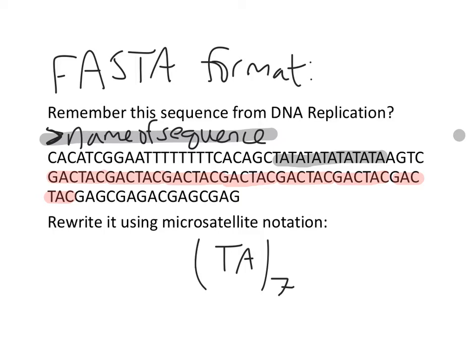Also 7, if I count correctly. So after those TAs, there'd be an AGTC, and then what would we write? GAC-TAC, 7. Yep, GAC-TAC 7, and so on.